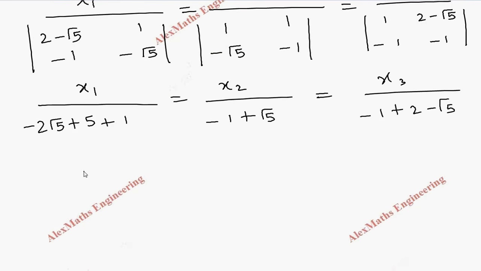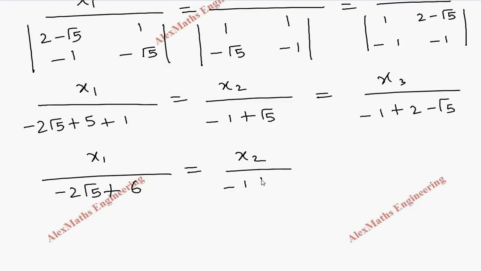So totally x1 by, this is 2, so we take minus 2 root 5 plus 6, and here it is x2 by minus 1 plus root 5, and here x3 by, this is 1 minus root 5.